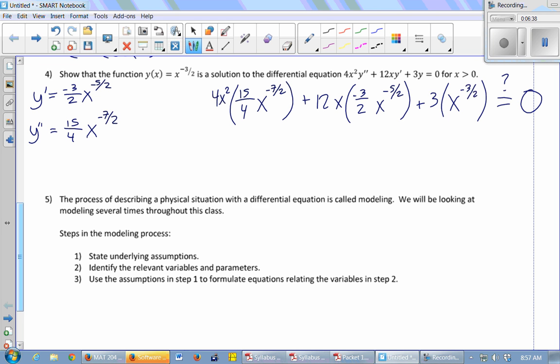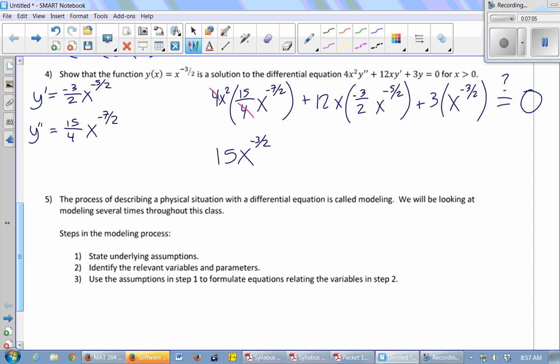Let's see. So it's just going to take a little bit of algebra. Here my 4's cancel. x squared times x to the negative 7/2, like bases, I can add the exponents. So 4/2 plus negative 7/2 is negative 3/2. So this is 15x to the negative 3/2. Did I do it right?